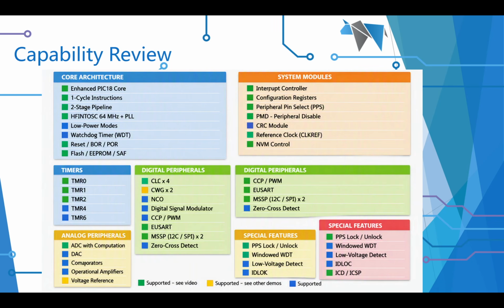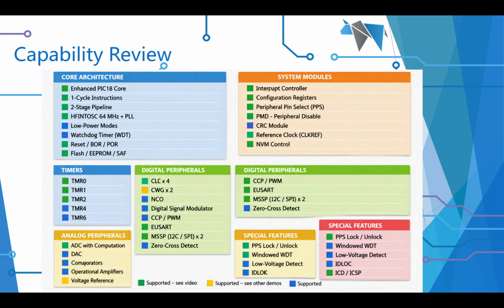In terms of the system modules, top right, the only thing we haven't really looked at is CLC. The rest we can go and have a play with. And the only thing in the digital peripherals in terms of the core piece is zero crossing detect. It's fully supported. Just look at the data sheet, look at the examples and other demonstrations, and it will just work.